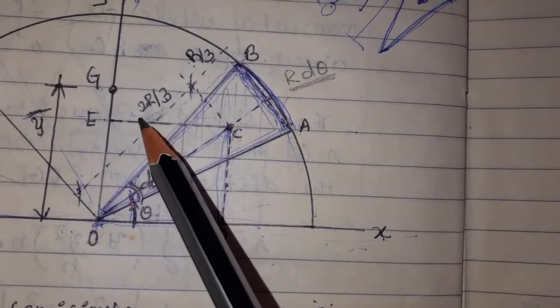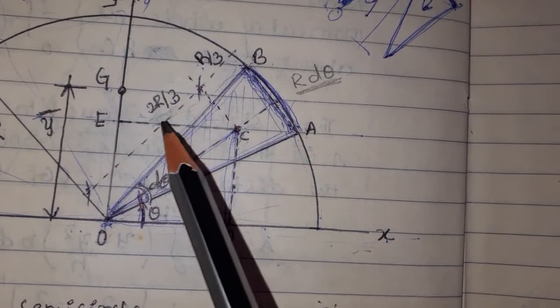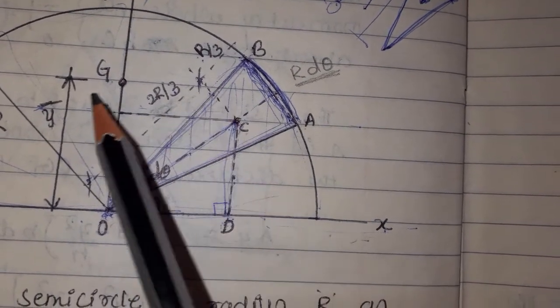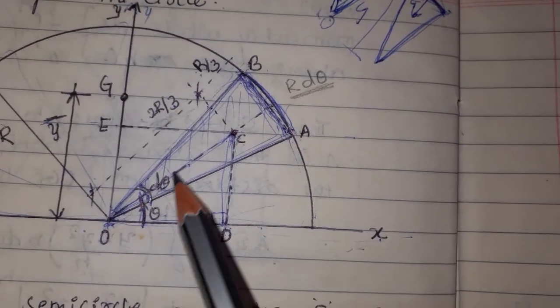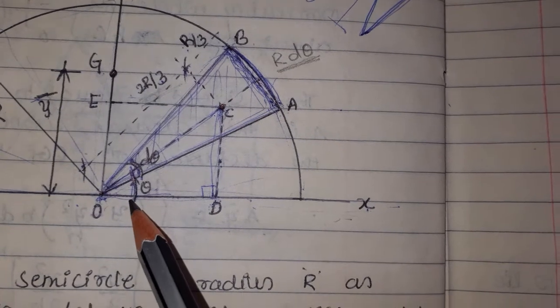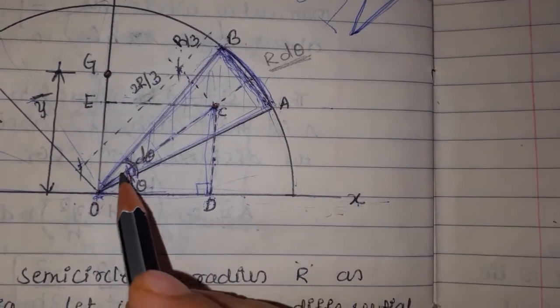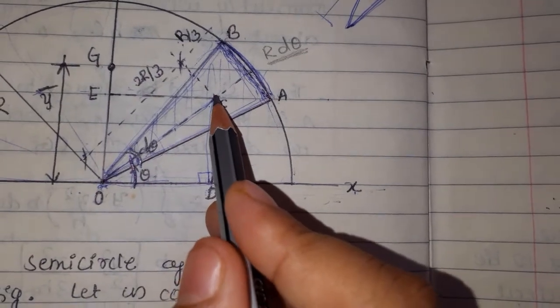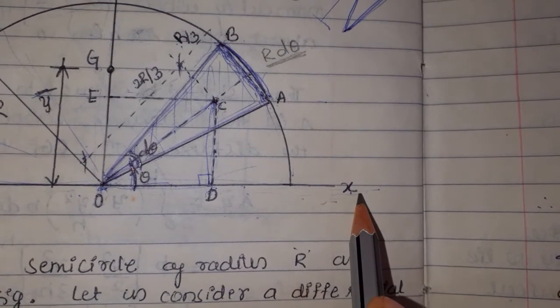When you resolve this along the y-axis, it will become 2/3 of r into sine theta. This OC is the central line here, making an angle of theta with respect to x-axis.